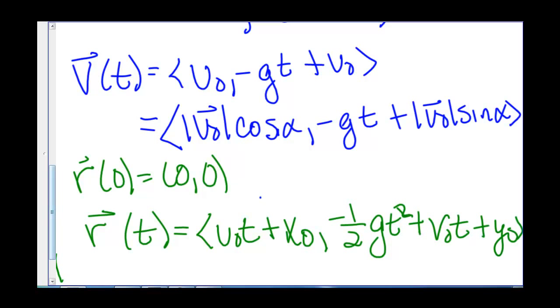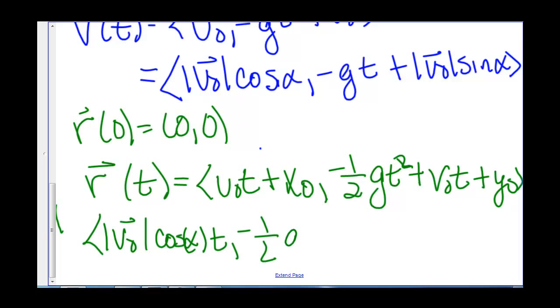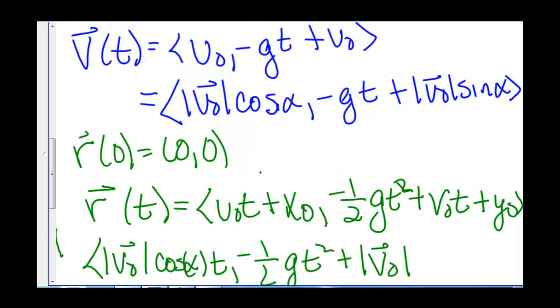Plugging in u naught, v naught, and x naught, y naught, we get the vector (magnitude of v naught cosine alpha times t plus 0, negative 1/2 gt squared plus length of v naught sine of alpha times t).